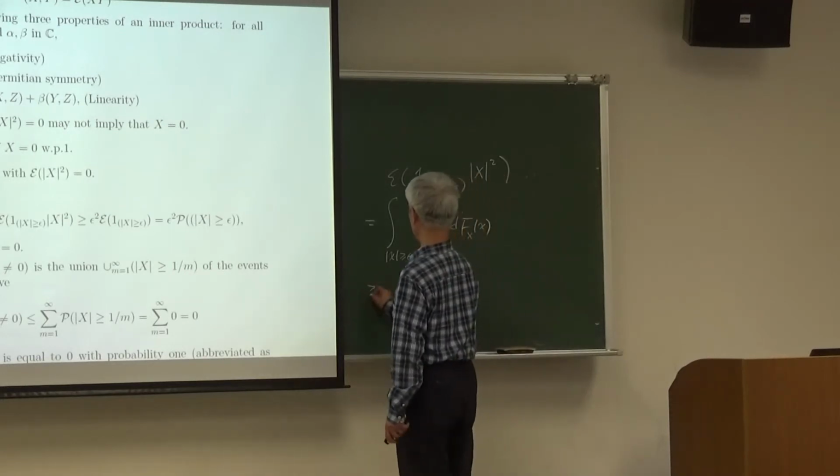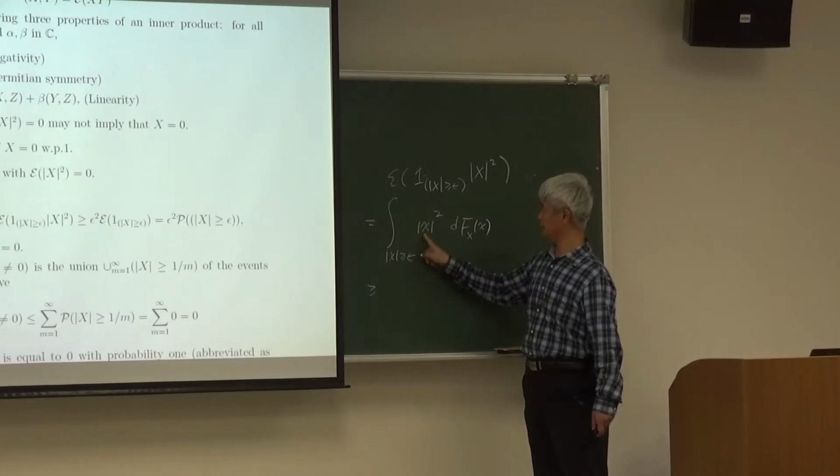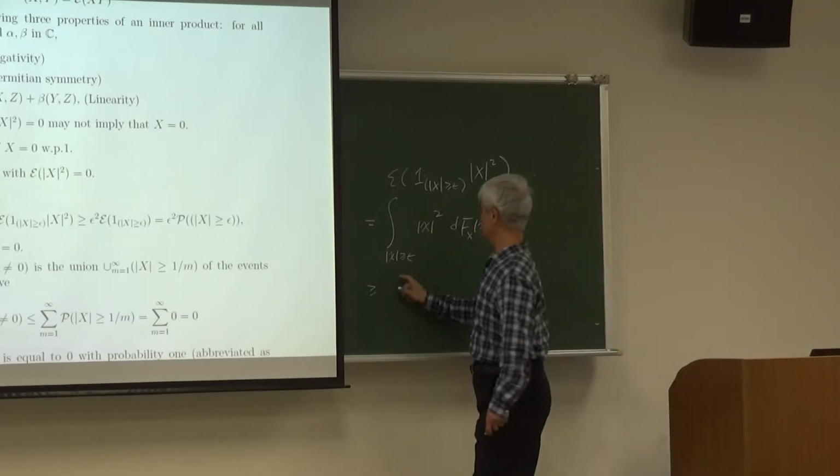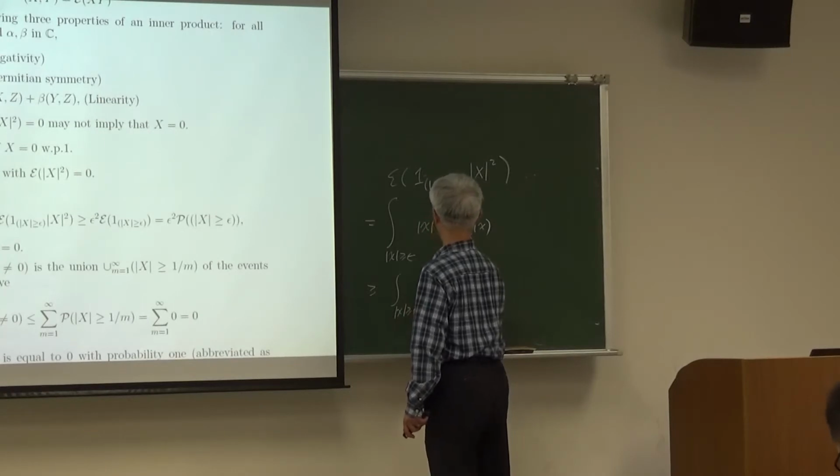Here we have a lower bound because we integrate over all X greater than or equal to epsilon. So the lower bound is for X greater than epsilon, and this is epsilon squared.